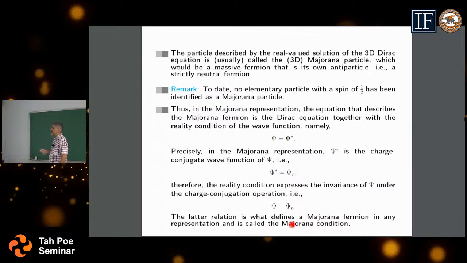This is the famous Majorana condition, or the invariance of the wave function with respect to the charge conjugate transformation, if you want. So when you see this condition, we are speaking about a Majorana fermion, or Majorana particle. The concept of Majorana particle comes from fermions, for particles with spin 1/2. But you can extend the concept to all kinds of particles. That's what I do.